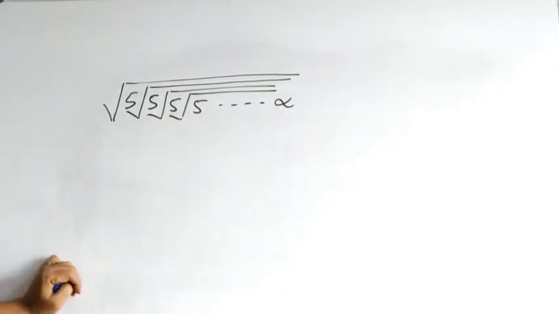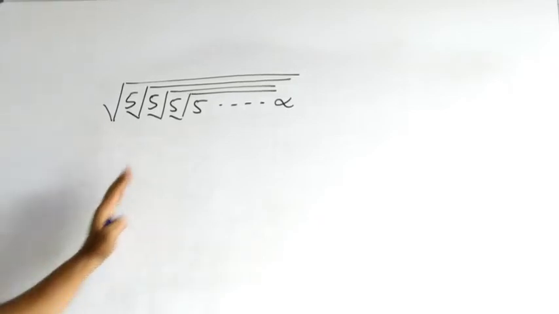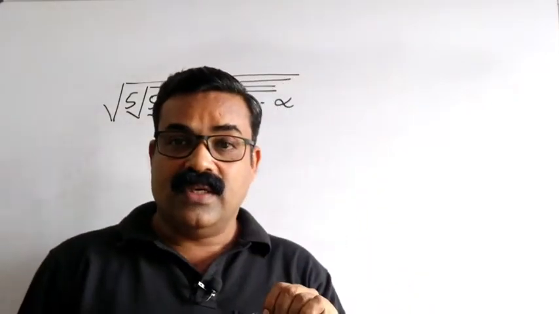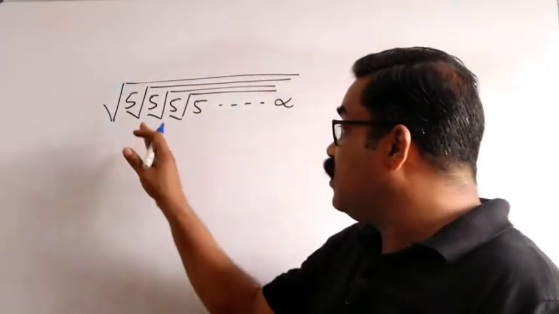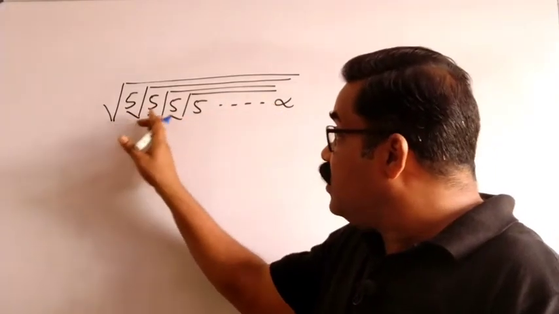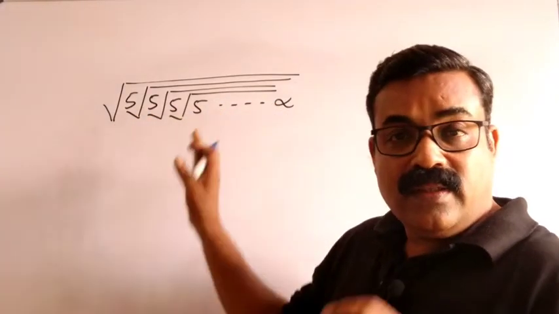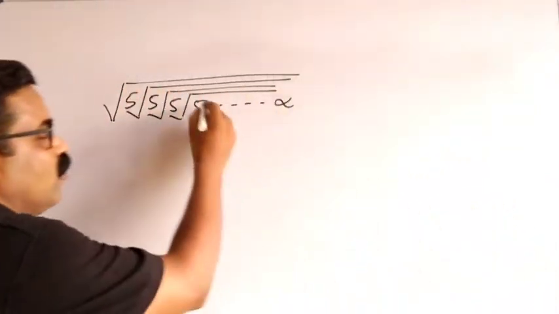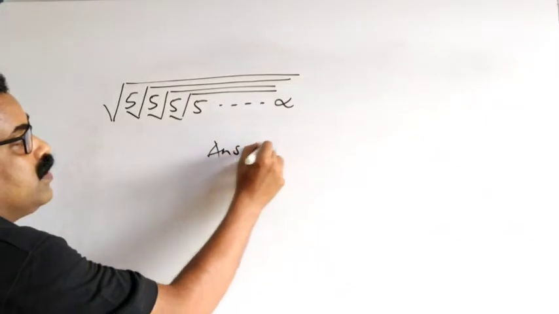So when you have this type of question, what is the answer? Understand this very clearly. Whenever the series is up to infinity and the series is in multiplication, the answer will be the number itself. Very simple. So the answer is 5.